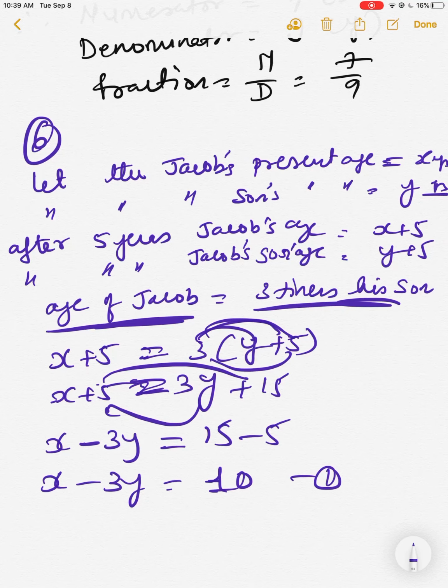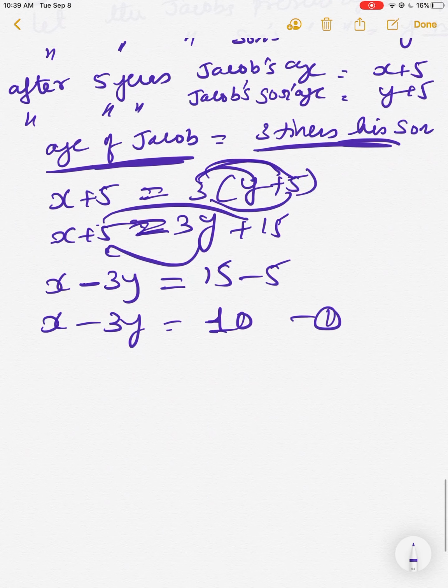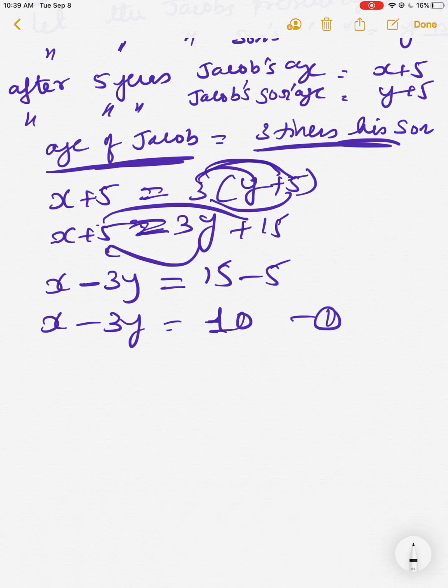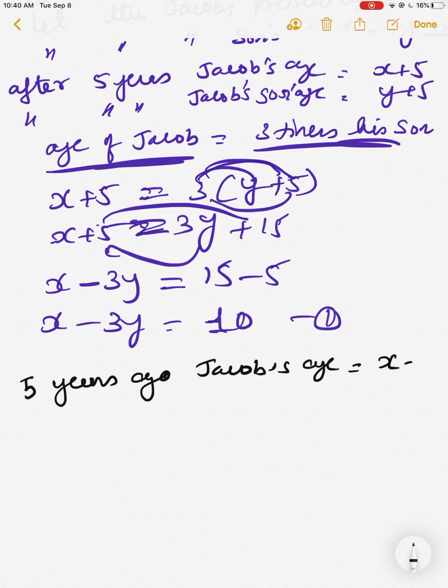Okay, now we can take the second equation. What was the second statement saying? 5 years ago, meaning we are going back. So 5 years ago Jacob's age is equal to x minus 5.